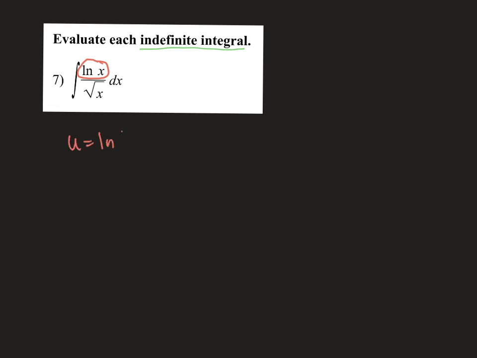Now, when we do integration by parts, we need to pick out a u, and I have told you several times that whenever there's a log of x in your equation, choose that for u. So I'm going to choose u equals log x. And that means dv is everything else. So it's 1 over the square root of x dx. Now I'm going to write that as dv equals x to the negative 1/2 dx. Then the strategy continues. Do the derivative of u. So we're going to get du over dx equals 1 over x.